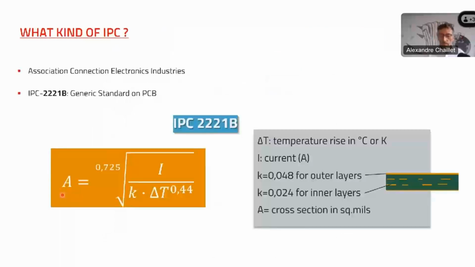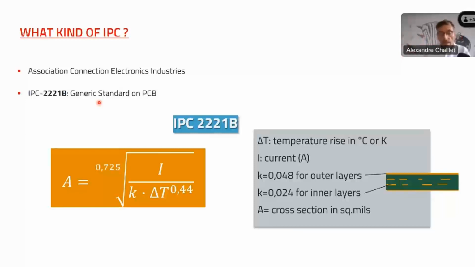That's quite easy. But there is another way, another standard. Probably most of you know the standard IPC 2221, because there are a lot of design details for the PCB. It's called the generic standard on PCB. You can find current, material, creepage, clearance, a lot of different things.